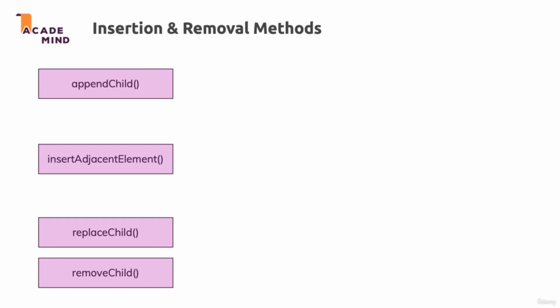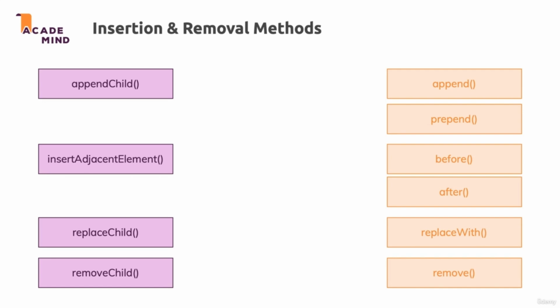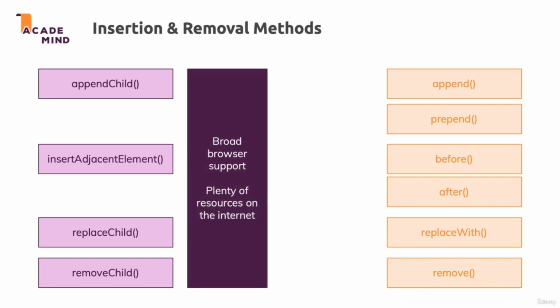We also had a look at some of the more modern methods: append, prepend, before, after, replaceWith, and remove. Now, the main difference here is really browser support. Also, a minor thing might be that you find more examples on the internet using these older methods, which have been around for longer, than for these newer methods.